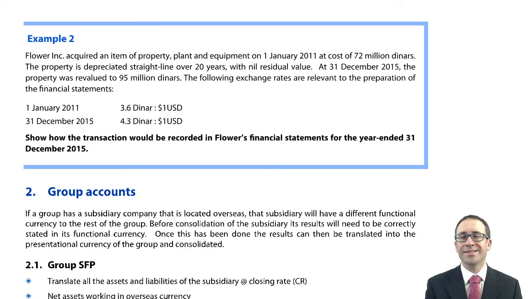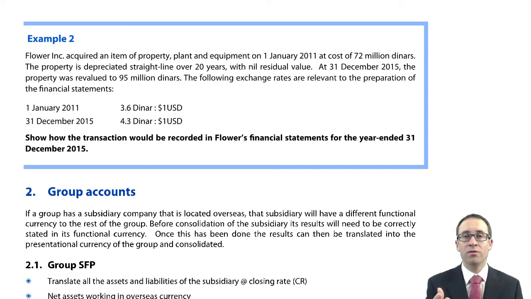Let's now look at a slightly more complicated example than the one that we've just previously looked at, which doesn't involve a trading transaction with regards to, say, a payable or potentially a receivable that you could have within the exam. We look at now whereby you've got a non-monetary item, which obviously doesn't require translating at the end of the year.